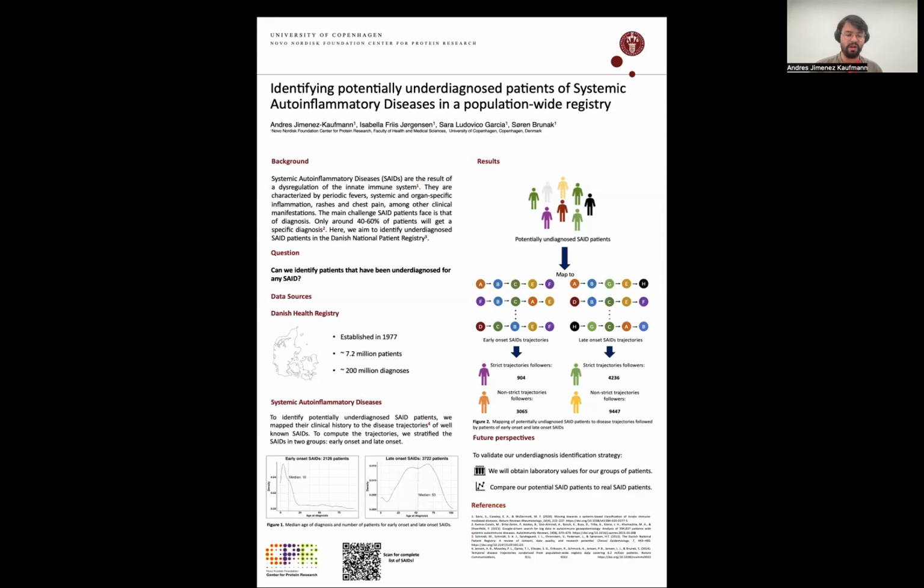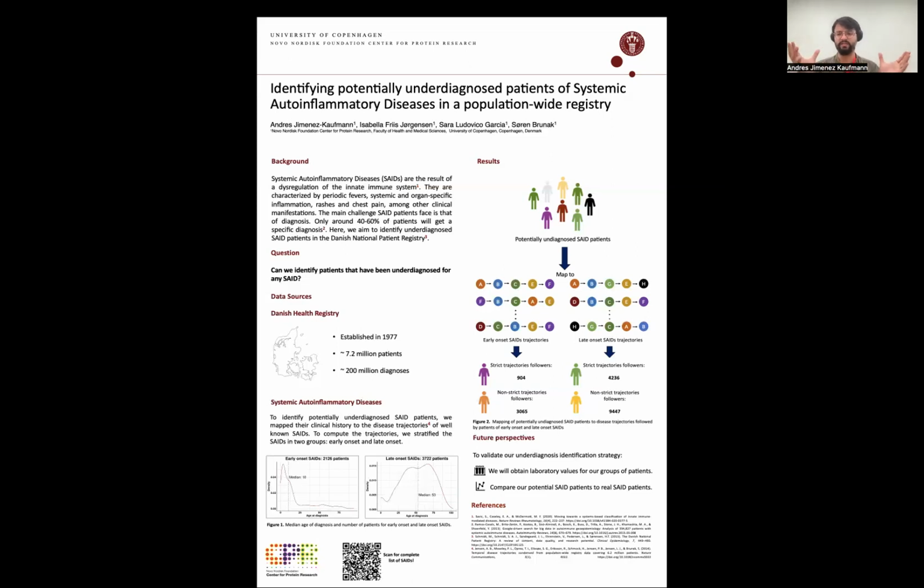For early onset, the median age of onset would be around 10 years, and for late onset would be around 53 years old. So now that I have the trajectories for late onset SAIDs and for early onset SAIDs, I can map individuals that have not been diagnosed with a SAID to these trajectories. So that's what I did.